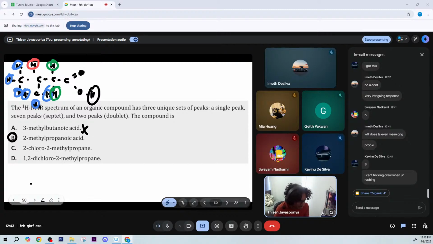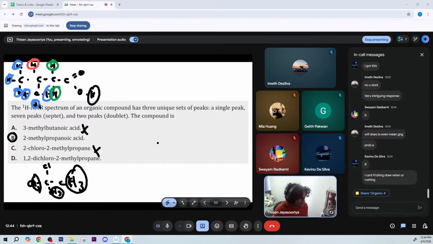So C looks something like this. So CH3, CH3. All of these ones are in the exact same environment, because they're all bonded to the same neighbors and to the same neighbors' neighbors. So it's not going to be this one.